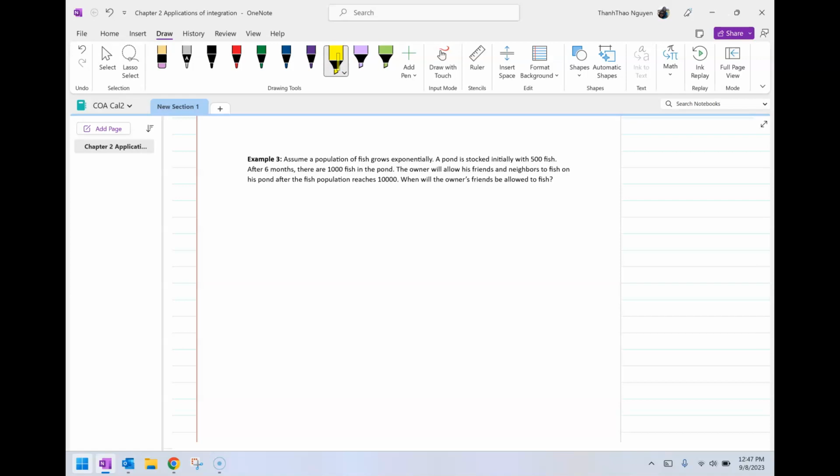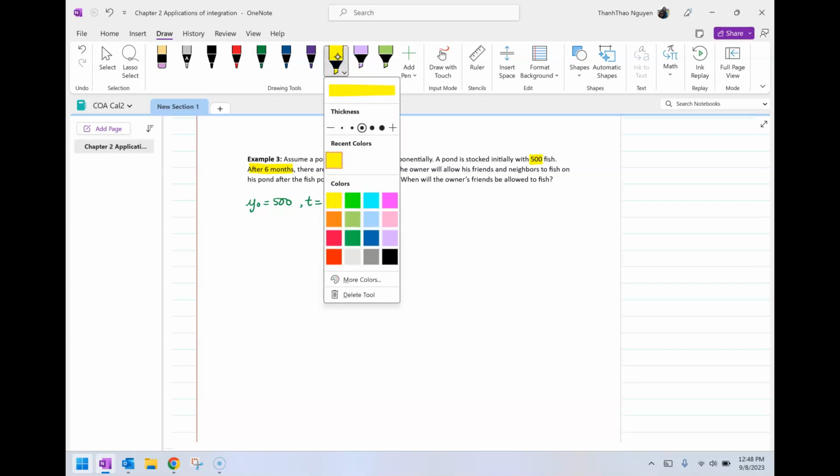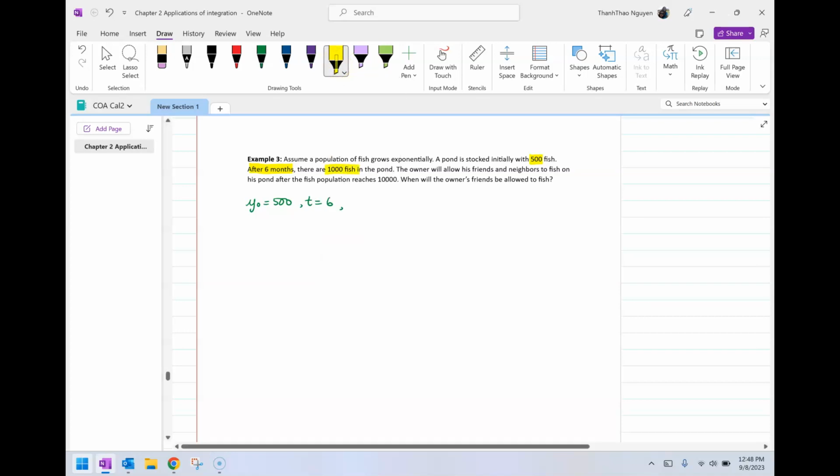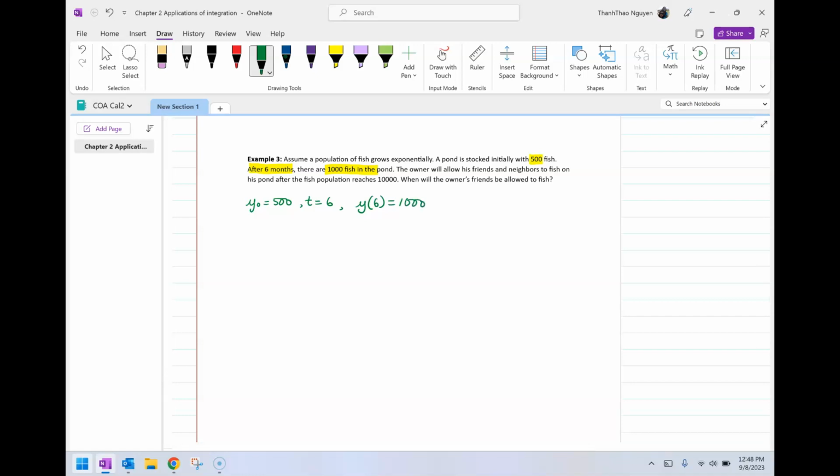To solve for k, we know that the pond was initially stocked with 500 fish, so y naught equals 500. After 6 months, t is equal to 6 months, and the amount of fish at 6 months is 1,000. So y of 6 equals 1,000.